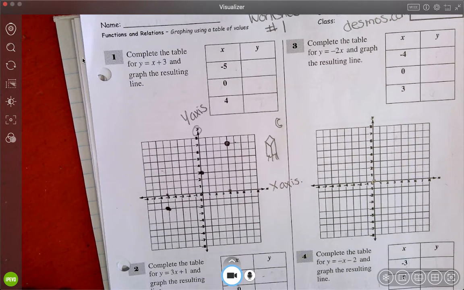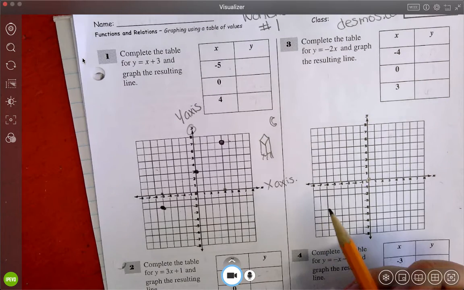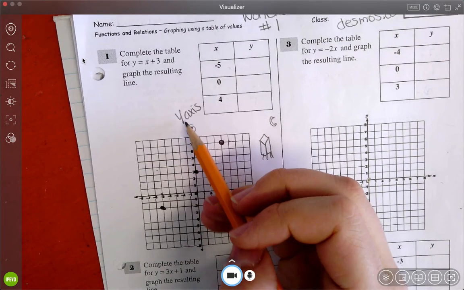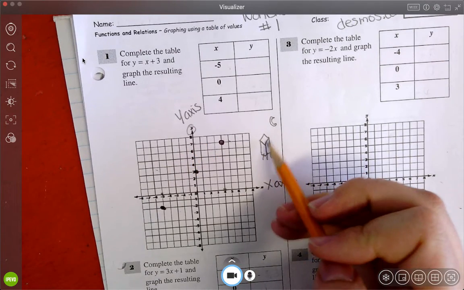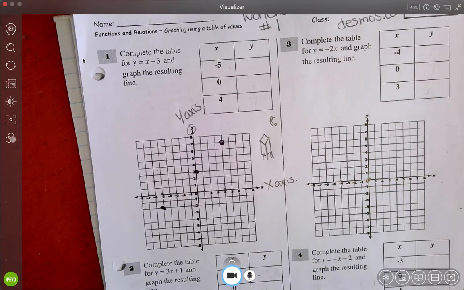Up and down. A rocket goes up and down, it doesn't go left and right. So if you forget, just draw your Y, and you'll remember it looks like a rocket. Rockets go up and down.